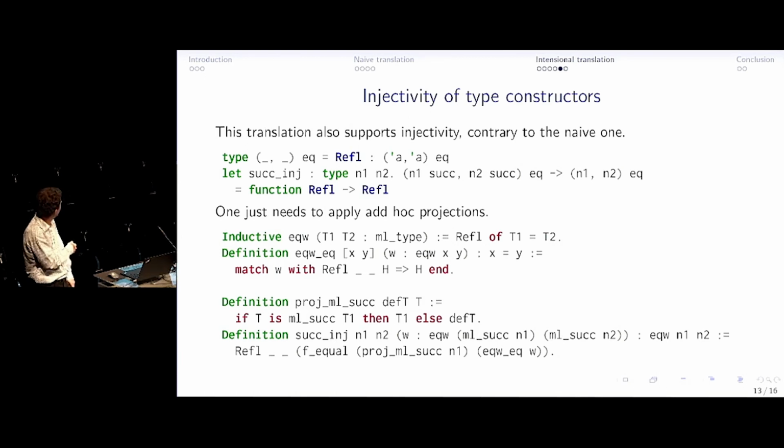So I get this W here, which is the equality witness. WEQ is going to extract the equation, and then I'm using this ML_suc to get the parameter of suc. That's just it. And this way I have injectivity. So no big deal here.